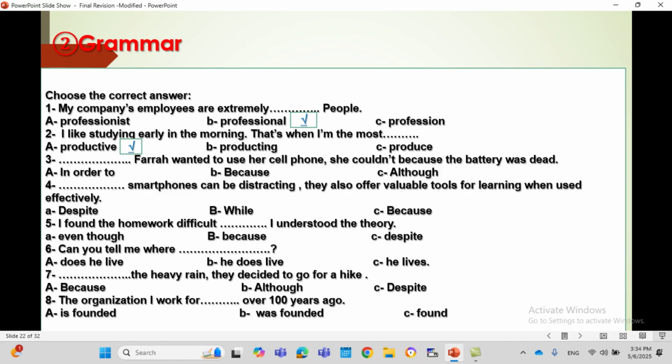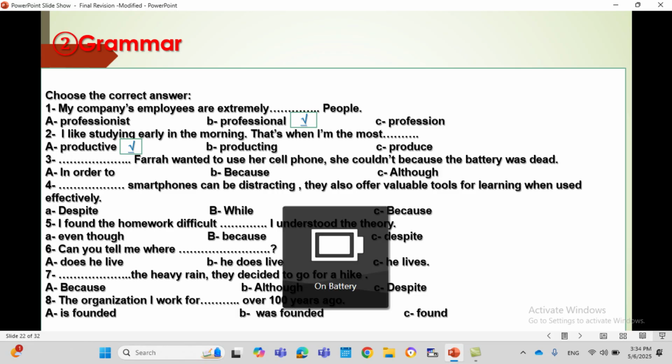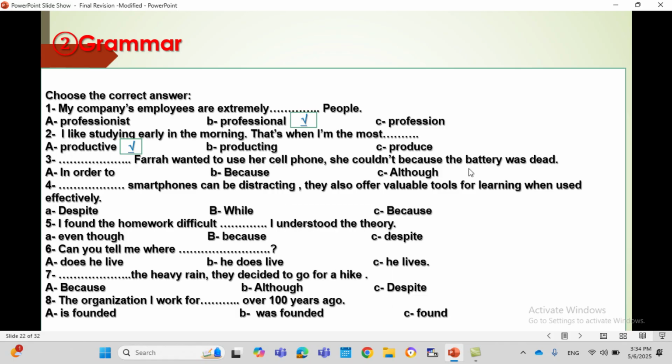As you can see, there's a contradiction here between the two clauses. She wants to use her cell phone, but the battery was dead. Her battery was not charged. So the right answer would be although. Why did we use although? Because there is contradiction between the two statements.